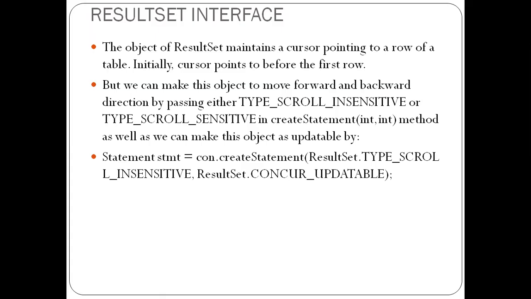Param1 types are ResultSet.TYPE_SCROLL_SENSITIVE, ResultSet.TYPE_SCROLL_INSENSITIVE, and the third one is ResultSet.TYPE_FORWARD_ONLY. Whereas param2 mode is written as ResultSet.CONCUR_READ_ONLY and ResultSet.CONCUR_UPDATABLE.